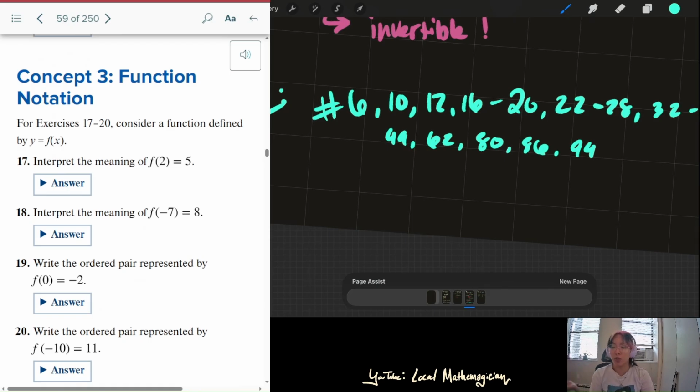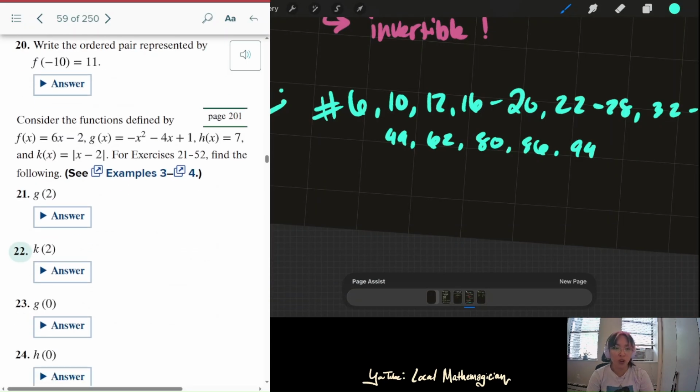Interpret the meaning of f of 2 is equal to 5. What does that mean? Write the ordered pair. Again, super straightforward. Number 22 to 28, it's just plug and chug. This is f of x, this is g of x, this is h of x, this is k of x. What's k of 2? How would you solve for that?